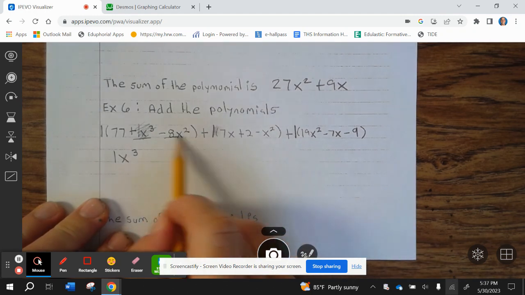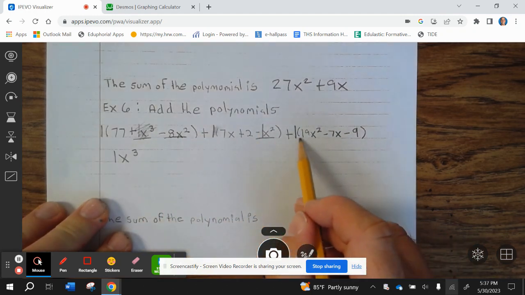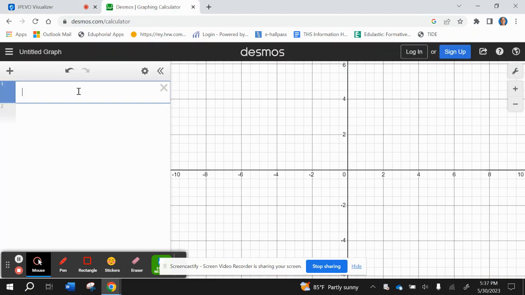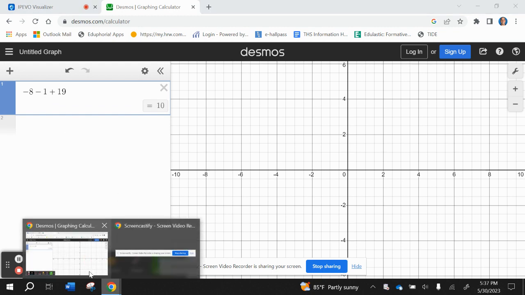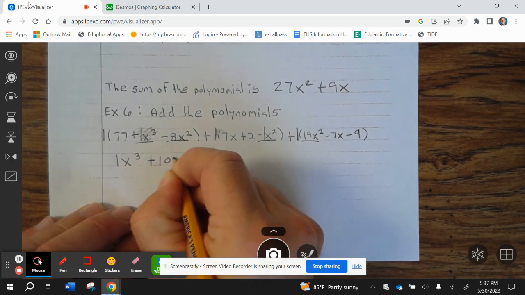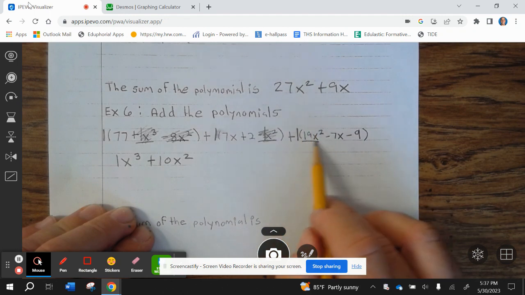Now we combine the x squareds. I'm going to go to the calculator to double check: negative 8 minus 1 plus 19 is 10. So that's plus 10x squared. We're done with this, this, and this.